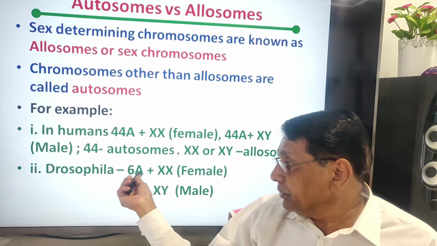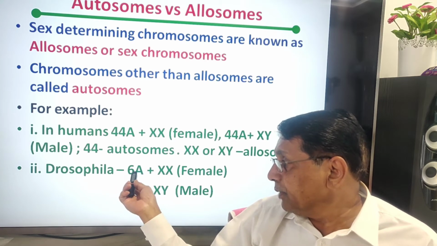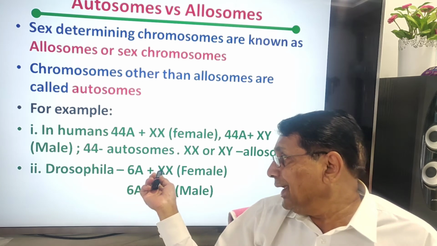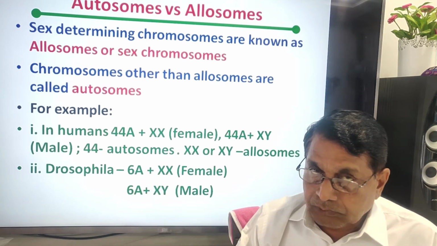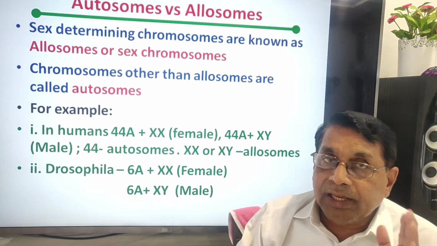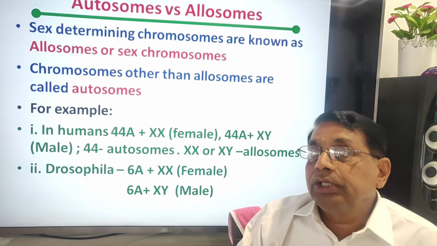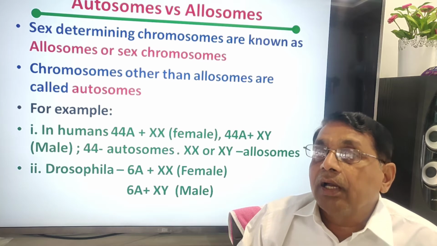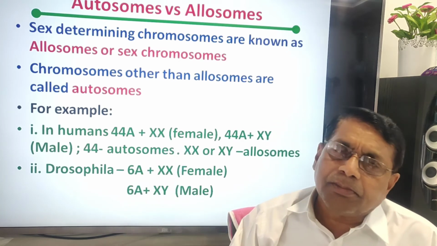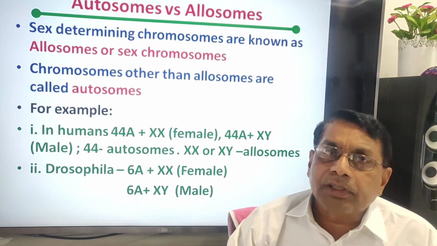So, for example, in the female only one type of gamete will be produced, 3AX. But in the male, two types of gametes will be produced, 3AX one type and 3AY another type, 50-50. But in females it is 100% the same, even in human beings also.